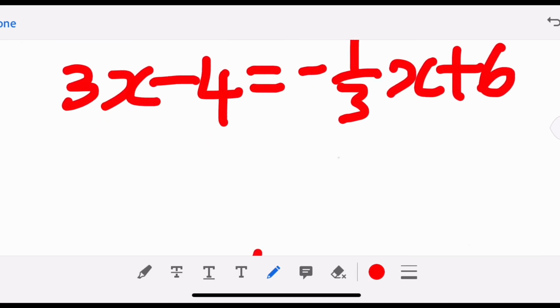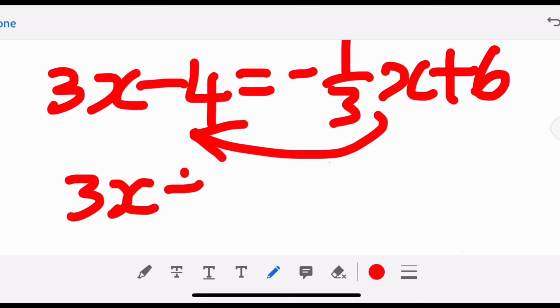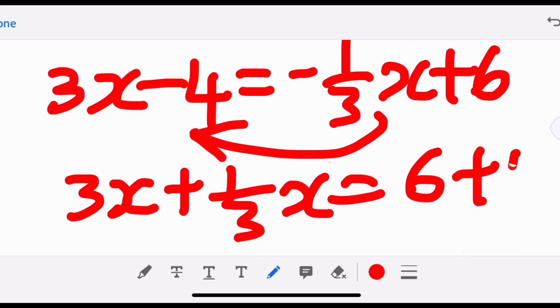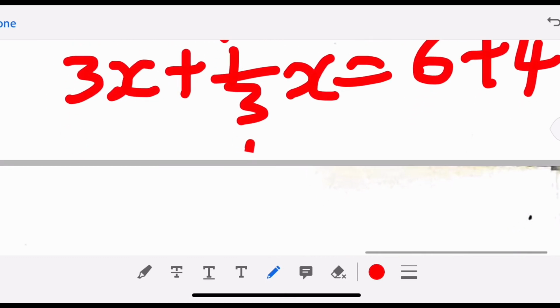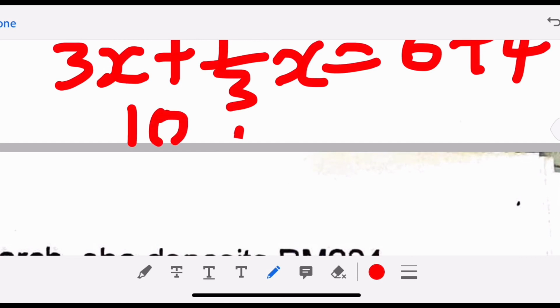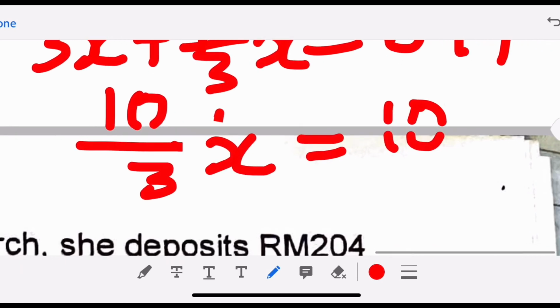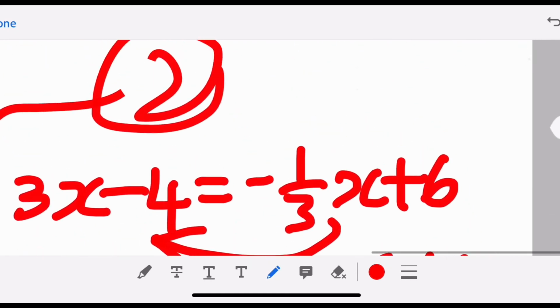3x minus 4 equals negative 1 over 3x plus 6. I shift the negative 1 over 3x to the left, so it becomes plus: 3x plus 1 over 3x equals 6 plus 4. Finally, I get 10 over 3x equals 10, and x is equal to 3, right?